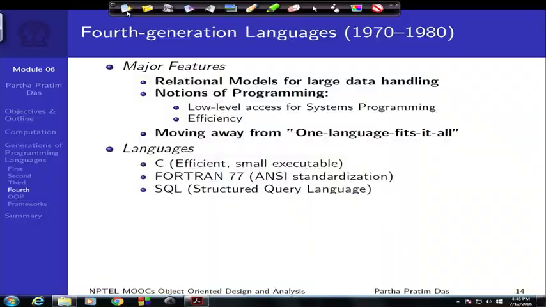But C and SQL continued to remain in independent domains, where in C you are looking at more complex logic, even systems programming, but relatively less volume of data. In SQL you are looking at managing large volumes of data, but less complex logic.